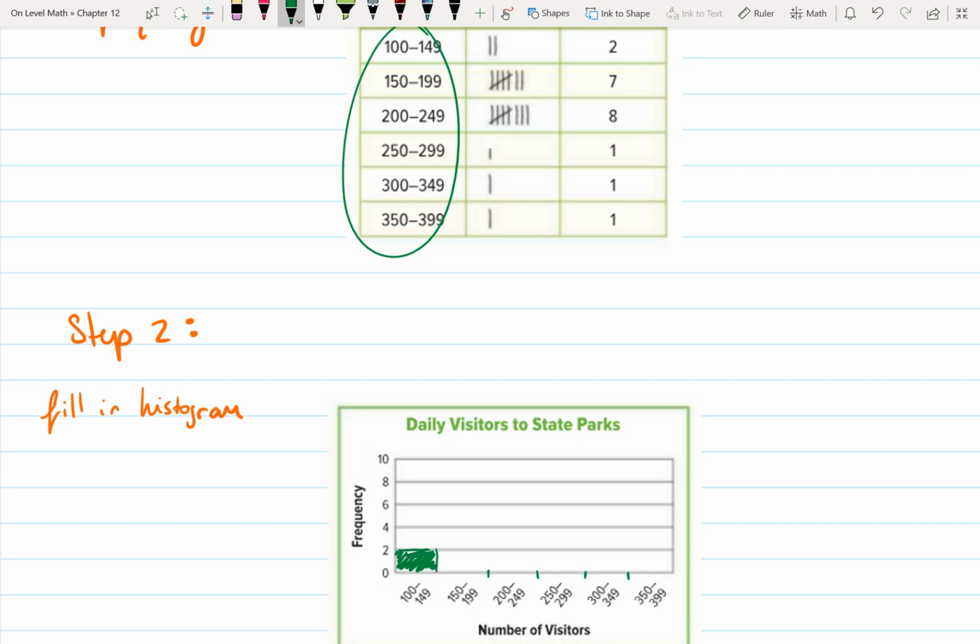So I separate that before I even start. 150 to 199, there's 7. So I'm going to go halfway. Alrighty, 200 to 249, we've got 8. 250 to 299, we've got 1, and we've actually got 1 all the way across.